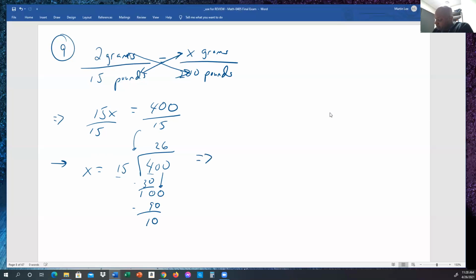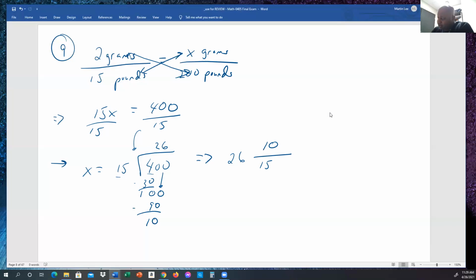So now we have what we need to write our answer as a mixed number. 26, and the remainder is 10. And then the divisor is the denominator. Now this is interesting because I worked this out. They got 2 2/3.